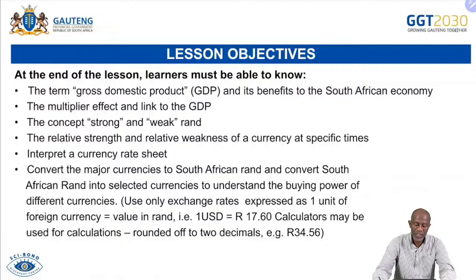Calculators may be used when you are confronted in a situation where you have to convert one currency to another. We must always not forget to round off after the comma to the 2 decimal units or 2 decimal fraction. As you can see here, is 34.56 as indicated as an example.